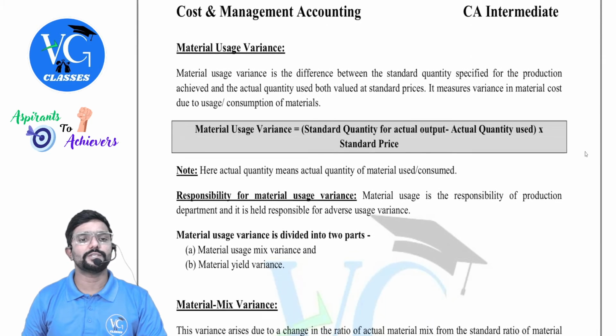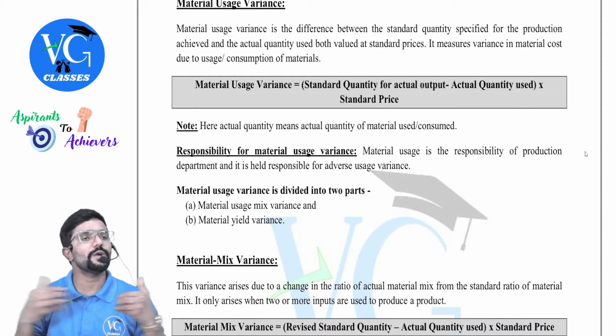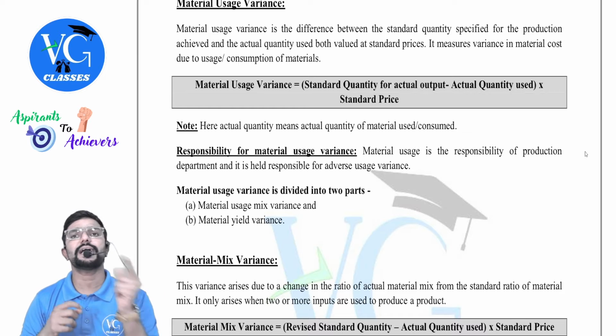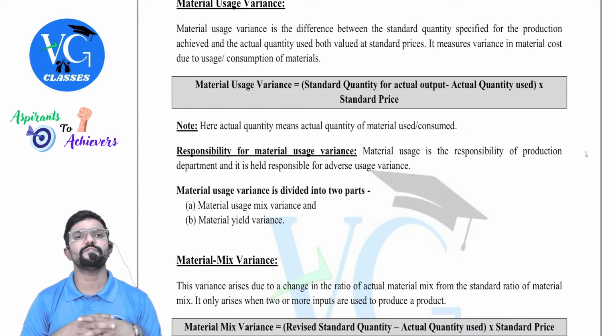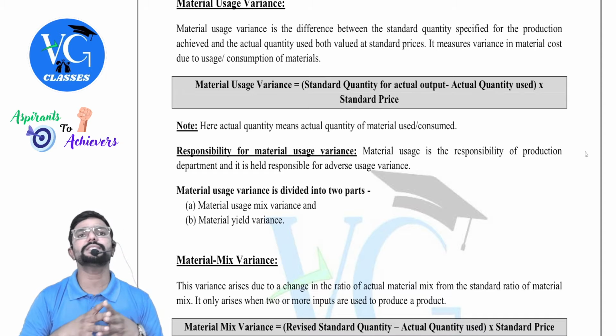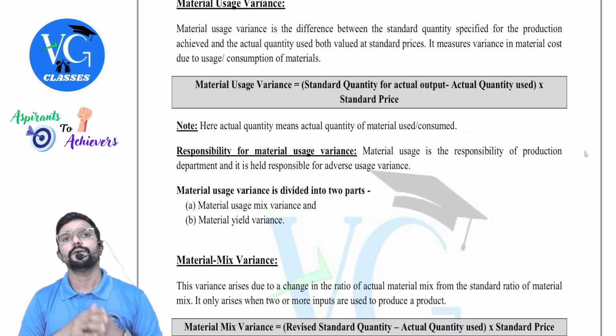Then coming to usage. What do we use, guys? Quantity. So when I am finding out the usage variance, the difference we are finding out is between which two quantities? Standard and actual. Which one should come first? Standard. So standard quantity for actual output minus actual quantity, into standard price. Why, sir?